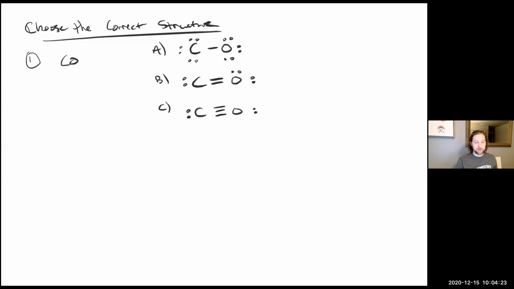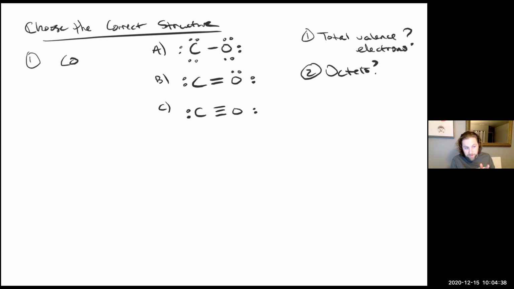And so you're looking for those 2 things: how many total valence electrons, and octets. If the structure satisfies both of those, it should be the correct structure, and only one of these is correct. So take a moment to try this out and type a letter in chat which you feel the correct structure is. And I'm going to go ahead and set up another one so we have 2 examples.